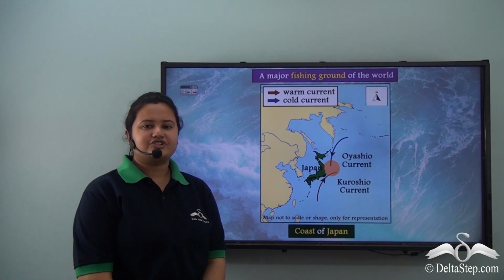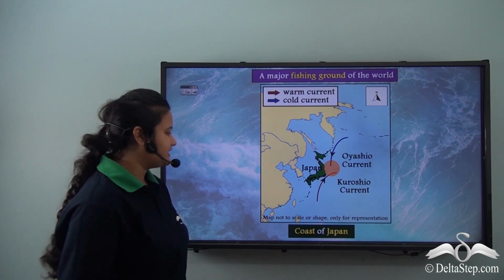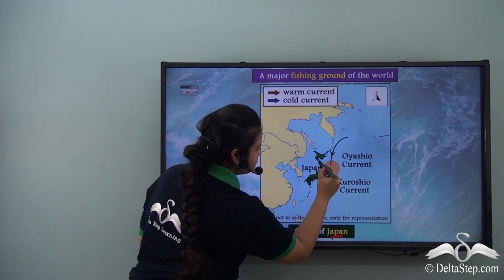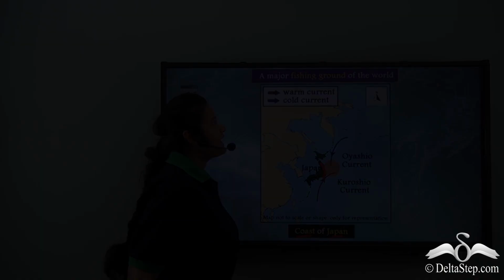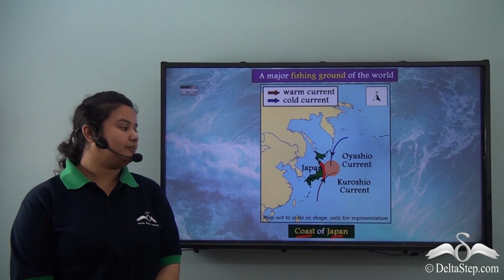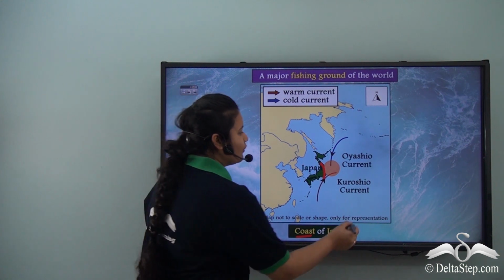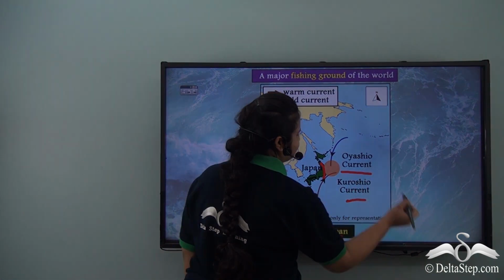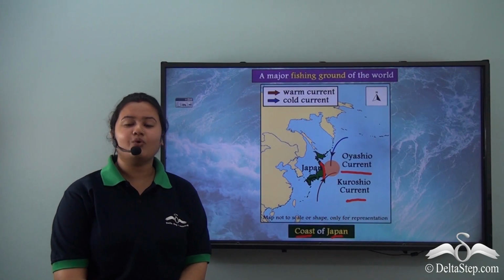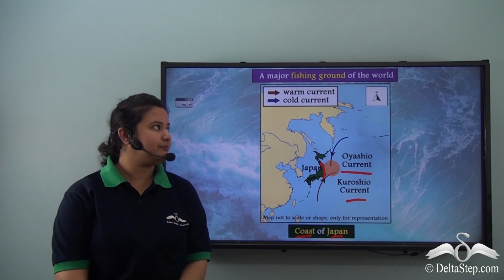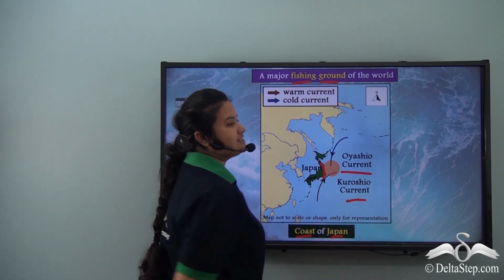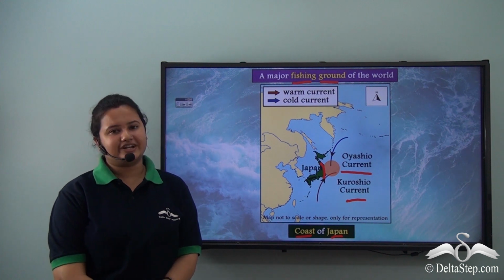There is another fishing ground in the world, along the eastern coast of Japan. This fishing ground has developed at the confluence of the warm Kuroshio current and the cold Oyashio current. So, we see how ocean currents help in the development of various fishing grounds in the world. This also promotes fish trade.